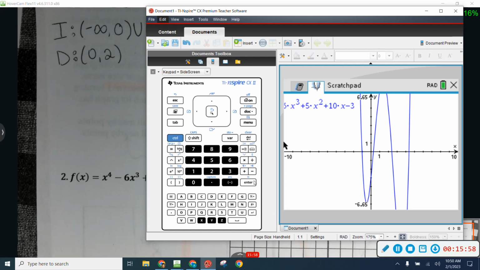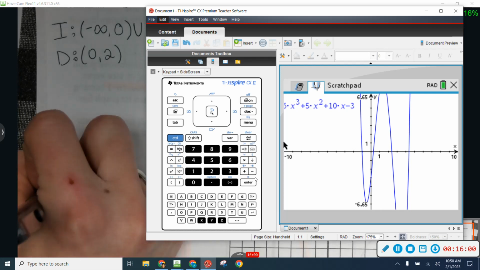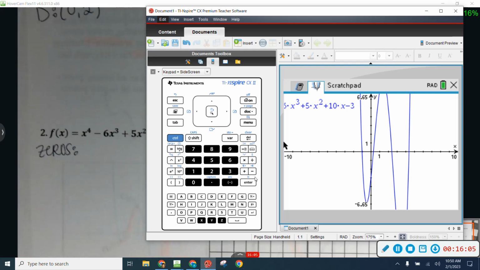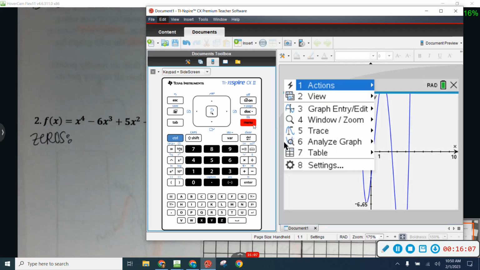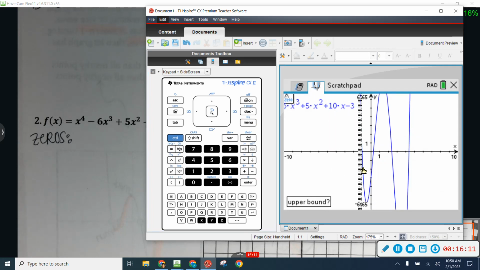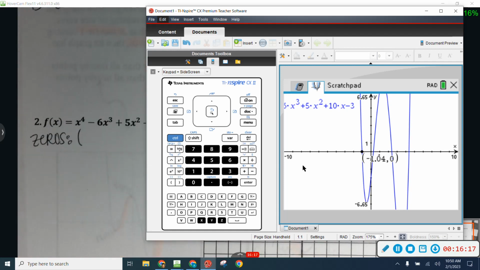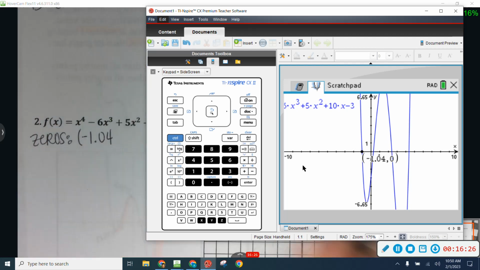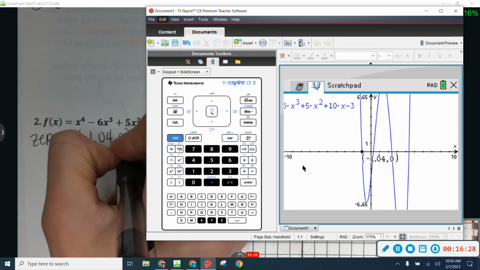Once you graph it, we need to find our zeros. Now, if you want to round to negative 1, because one decimal place is going to still be a 0, it's up to you. But I'm going to just put the 0.04. I'm never going to write more than 2.